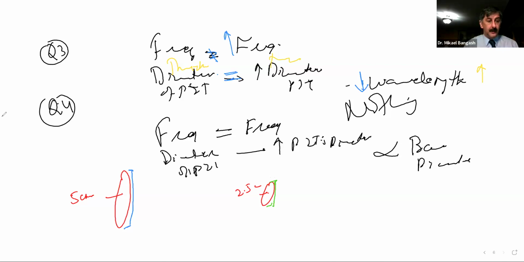So what you will mainly say here is that you have a greater diameter here, whereas you have a smaller diameter here. When you increase the diameter of the PZT, you're going to have a beam with a greater diameter.